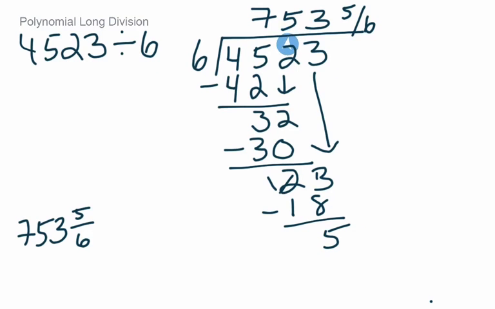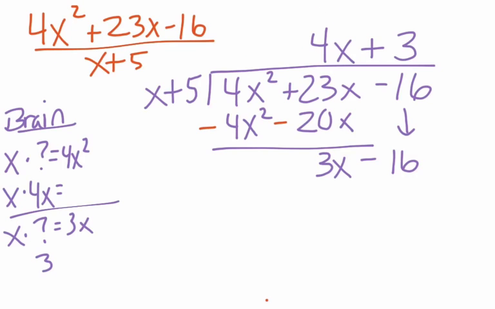So once we had the 5, we did 5 times 6, wrote the product down here, and then subtracted. It's exactly the same algorithm. So 3 times x is 3x. 3 times 5 is 15. And then we subtract.